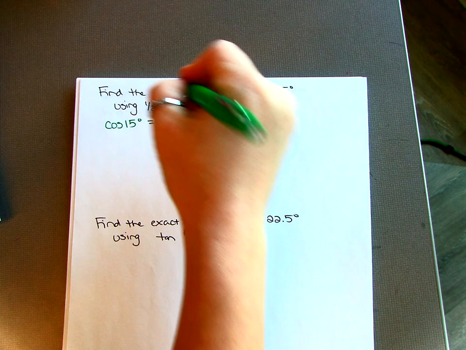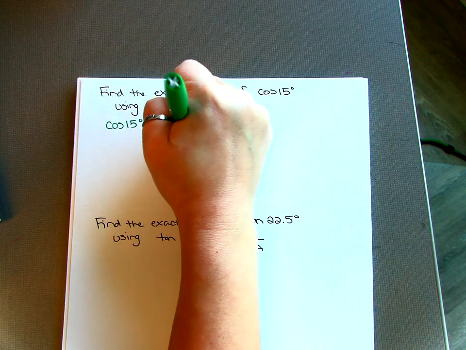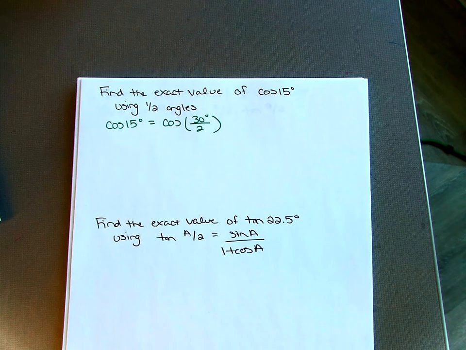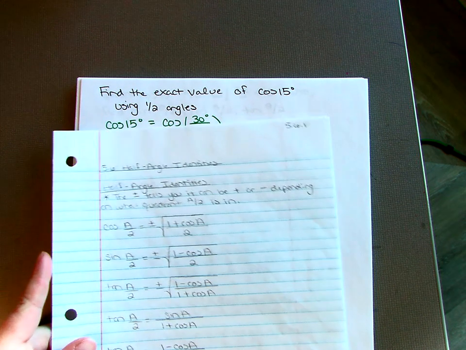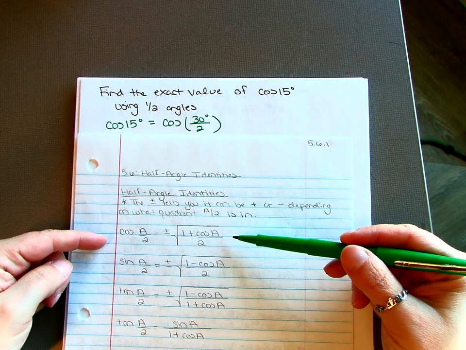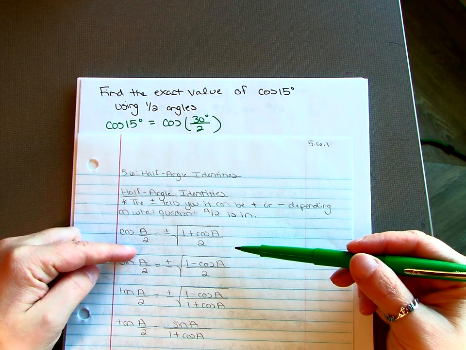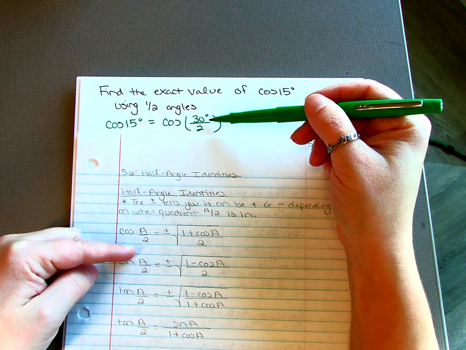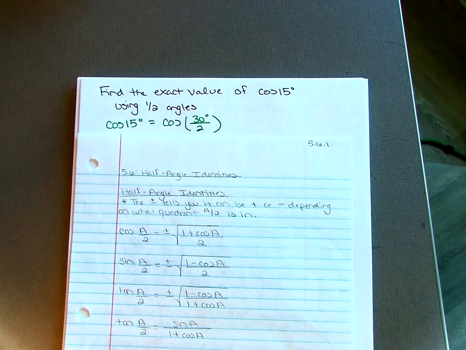So we could write cosine of 15 as cosine of 30 degrees over 2. And the reason why you would want to do this is because it specifies that we need to use a half angle identity. And if I'm using my cosine identity, which is right here, then I have to have that as A over 2. Well, I've now written that as A over 2, and A in this case is going to be that 30 degrees.